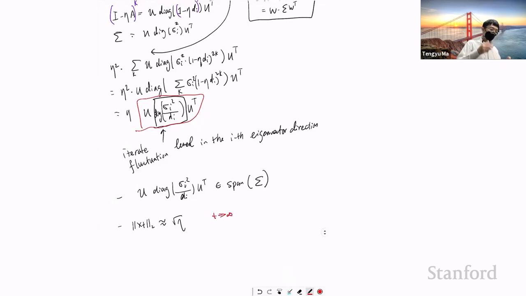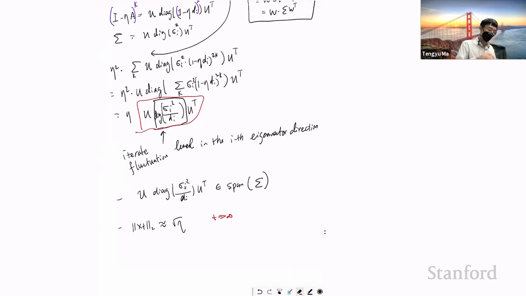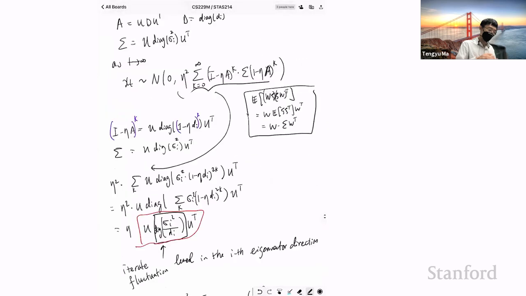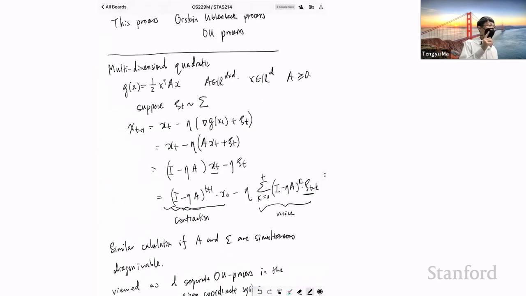Okay, I think I sense what your question is. This is the fluctuation in the eventual iterate, when t is kind of infinity, and it's different from the noise you added at each time. That's actually a very good question. If you look at the noise that you added at each time, how large is this? This is on the order of eta, if you ignore other dependencies except eta.